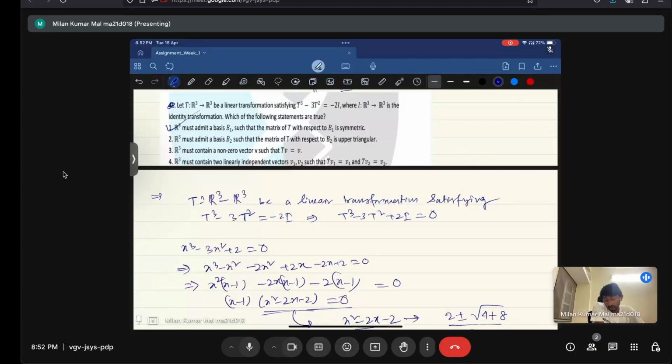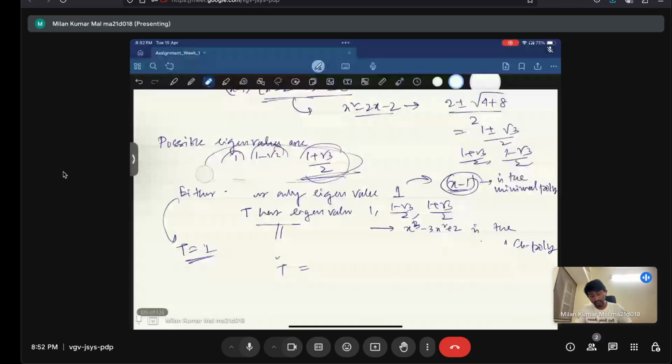Then which of the following statements are true? R3 must admit a basis B1. Okay, main point is that, so don't go this way. I will go a little easier way. I think there is a little problem.